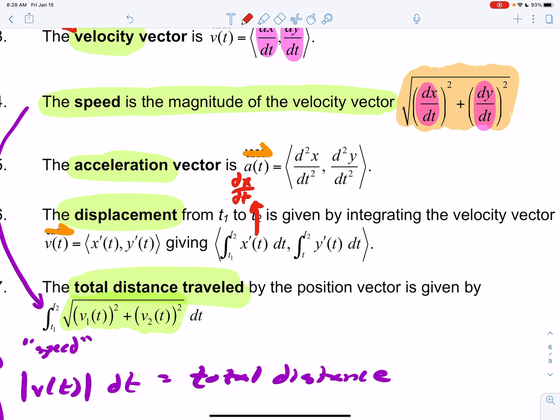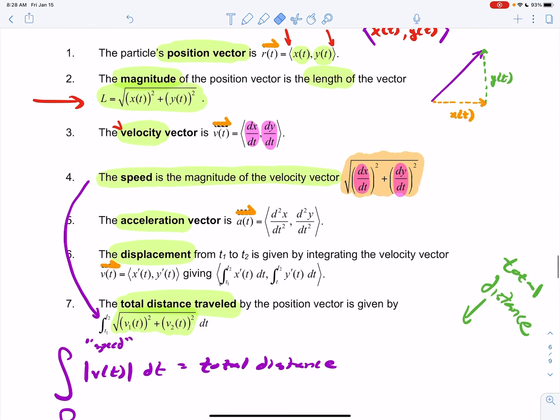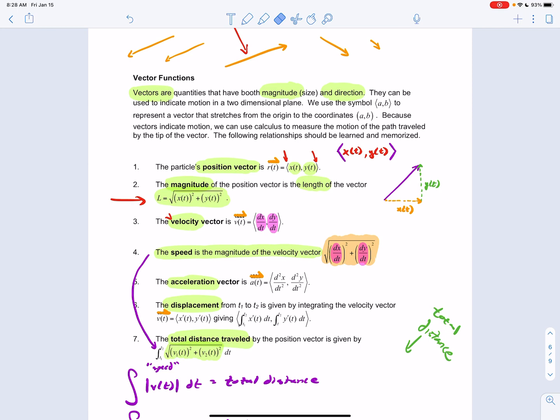So just some subtle things to watch out for, all right? That's it. Okay, speed is connected to total distance and velocity is connected to displacement. I don't know if you guys want to draw your arrows, but basically those are the connections there. So it looks like there's 7 different formulas, but really there's maybe 1 or 2 that you really have to remember. I would say remember magnitude and remember the difference between displacement and total distance, because everything else is very intuitive, okay?